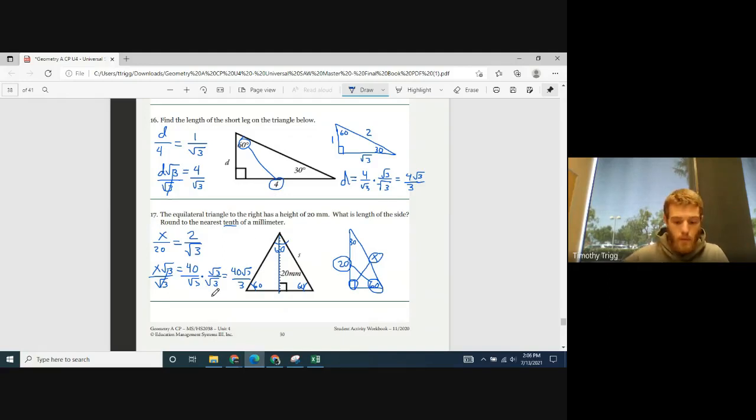That gives me roughly 23.1. I got 23.09, but that 0.09 rounds up to 0.1. So that gives you the length of S here. Okay, so I'm going to put S equals 23.1, and this is in millimeters, so millimeters.